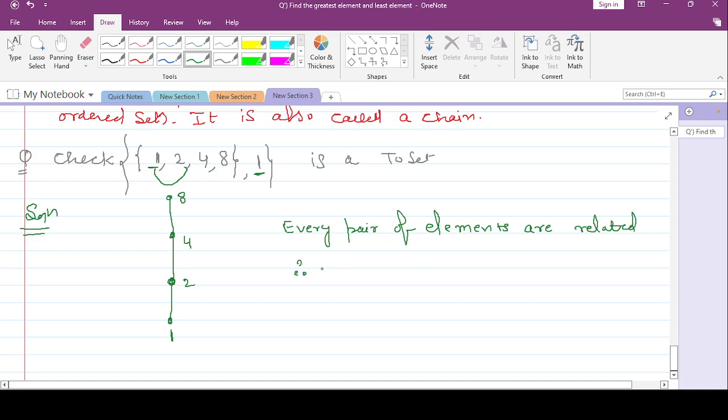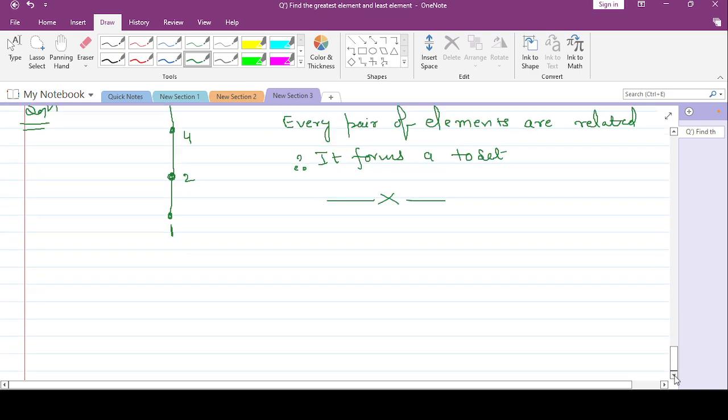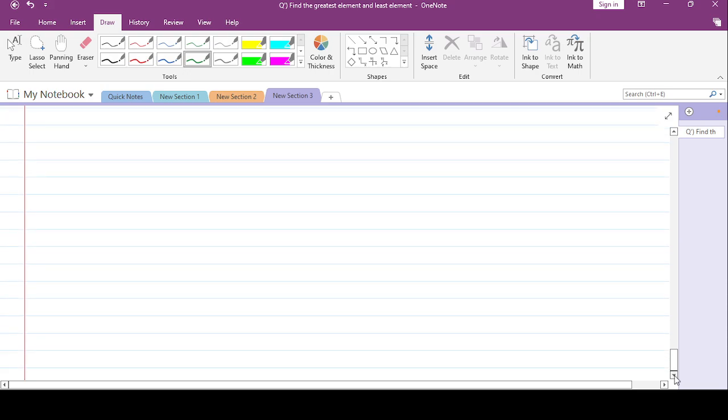Therefore it forms a Toset. So in this way we can prove that it is a Toset. Whenever every pair of elements is comparable, or we can say they are in relation, then it forms a Toset.